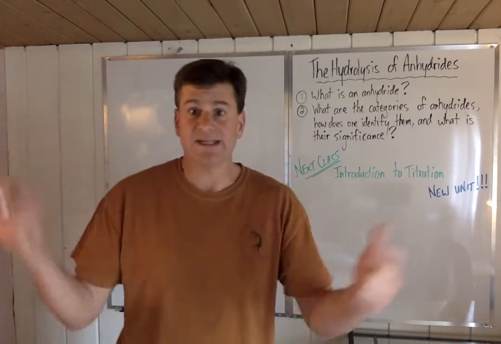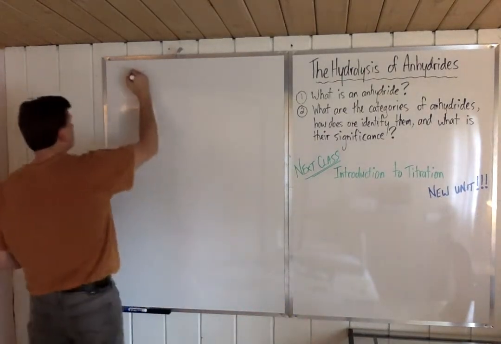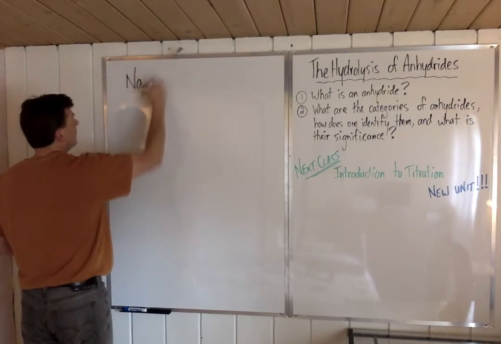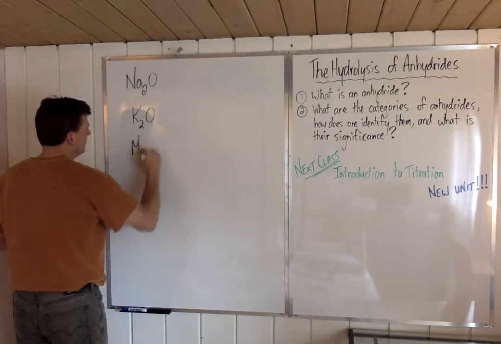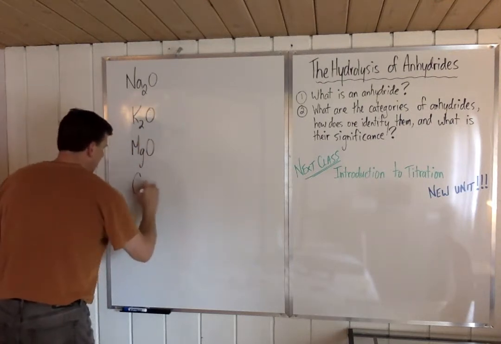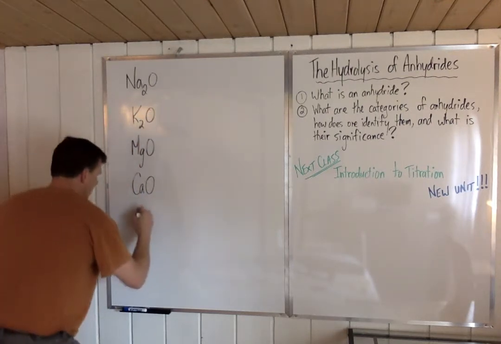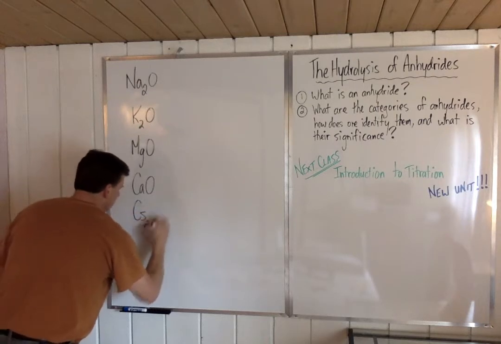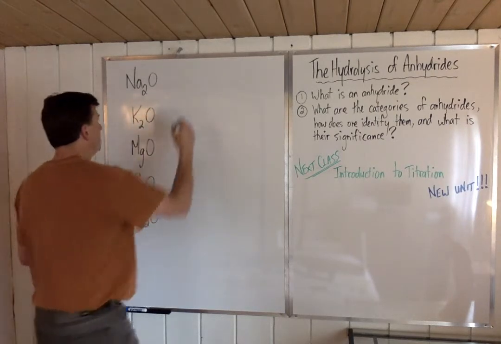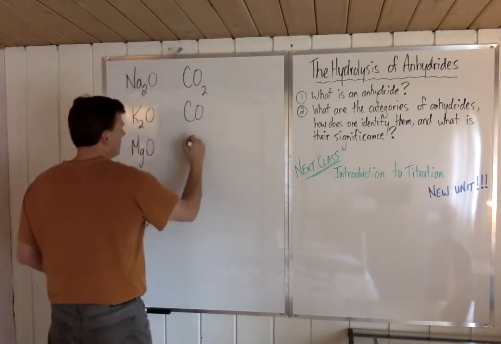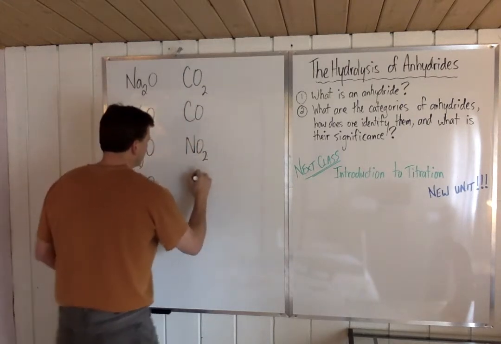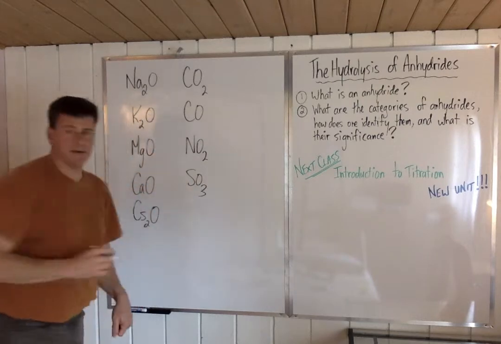So if I start listing a whole bunch of things, so if I list sodium oxide, potassium oxide, magnesium oxide, calcium oxide, cesium oxide, carbon dioxide, carbon monoxide, nitrogen dioxide, sulfur trioxide.